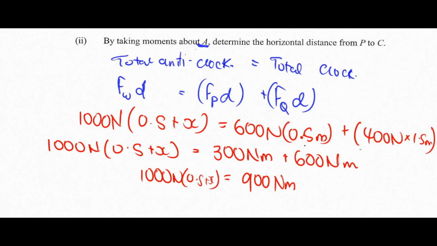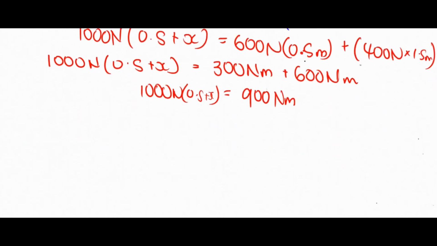Now we can divide by 1000 on both sides, because what I want to do is get as close as possible to x being by itself, right?